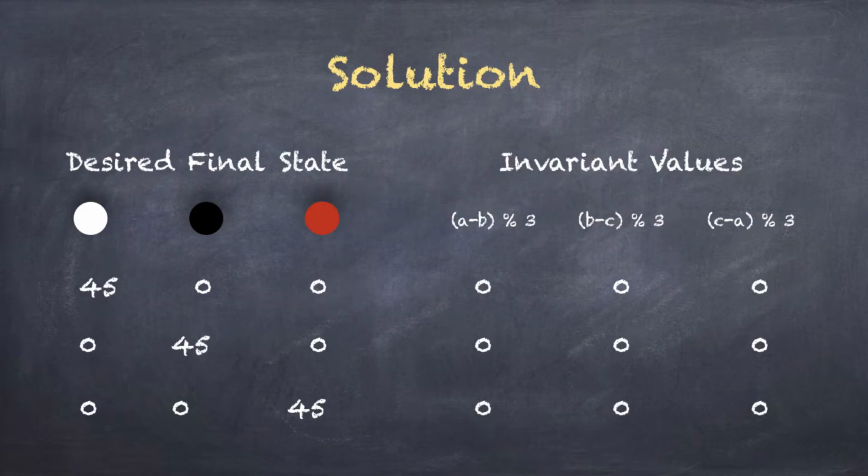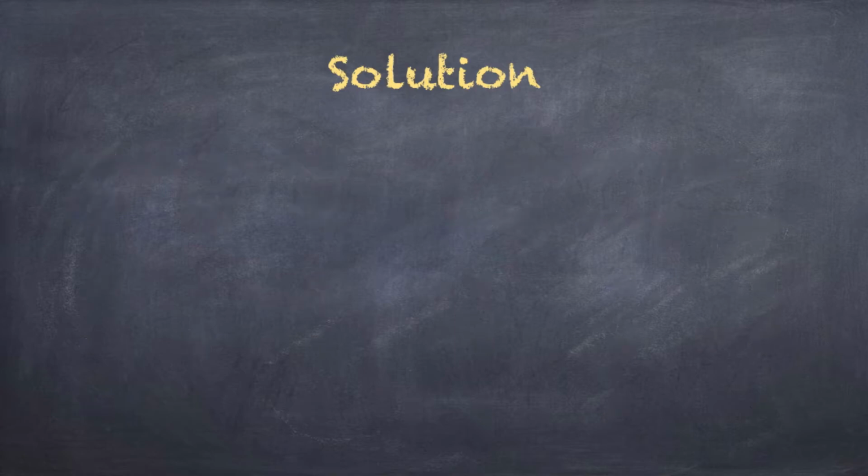So these are the invariant values: the initial state has all ones, and the final state that we want to reach is all 0.